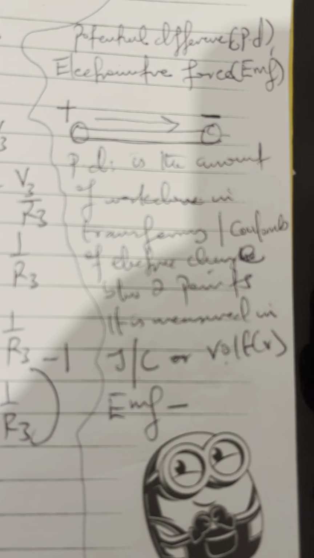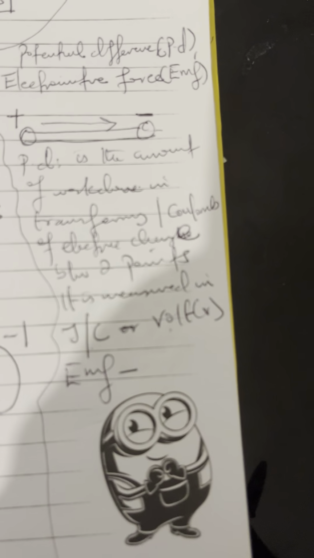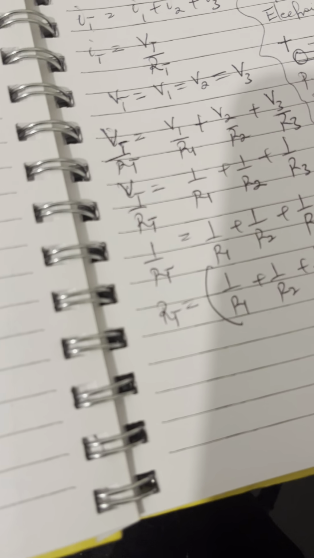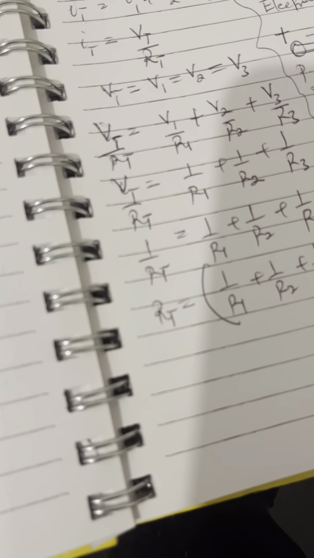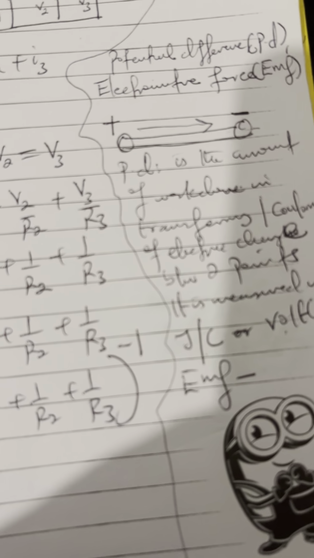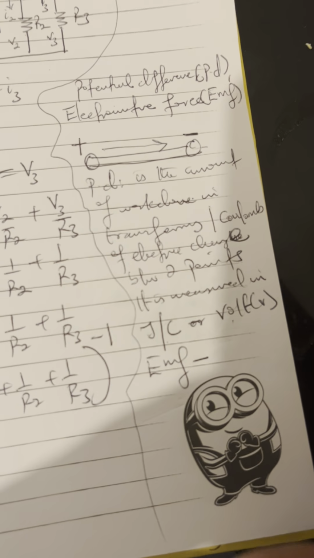You know, that means that there is always a driving force for every flow in a circuit. That driving force is what we call the EMF. So the EMF is an overall voltage.